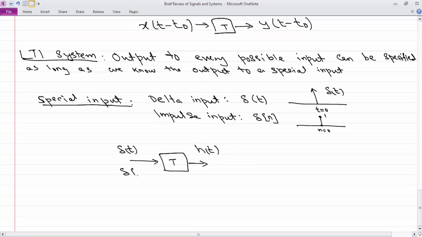Or if I input delta of n, let's say the response I get is h of n. And what do we call this response? As the name implies, input is impulse, there is a response, we call that impulse response.